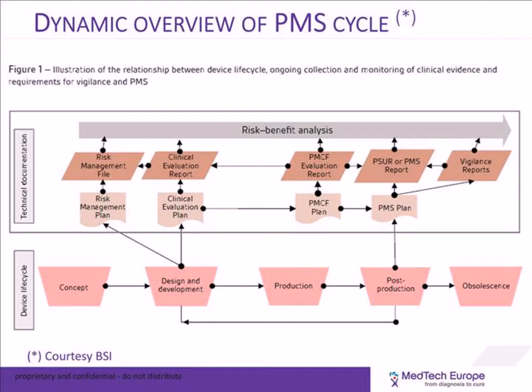Going further, during production and post-market, you have the post-market follow-up, and the evaluation which goes on during the entire life cycle, and production of a series of reports such as the PSUR, the PMS report, the vigilance report, and we will go a little bit more in depth on these reports and their use in the next few slides.